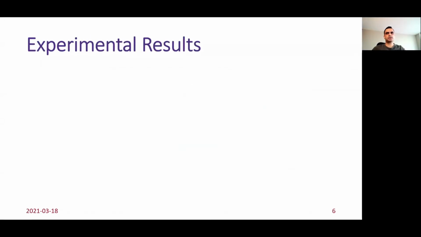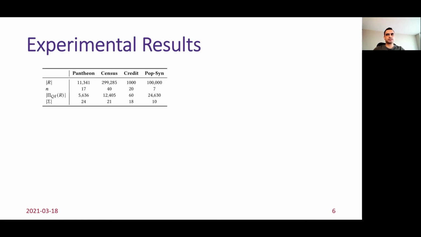Now, to evaluate our solution, we use 3 real data sets and a synthetic data set for testing runtime. Our experiments evaluate the runtime and accuracy of our solution, where accuracy is measured in terms of how close our solution is to the optimal solution to the k and sigma anonymization problem.